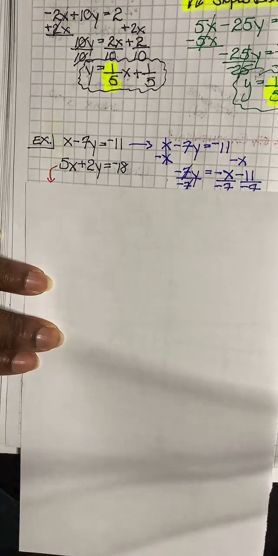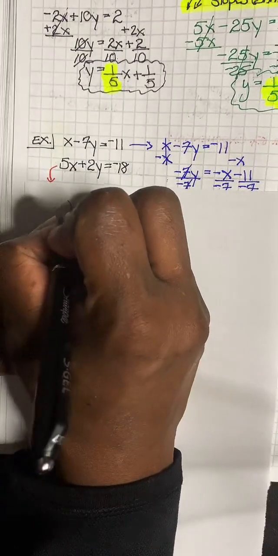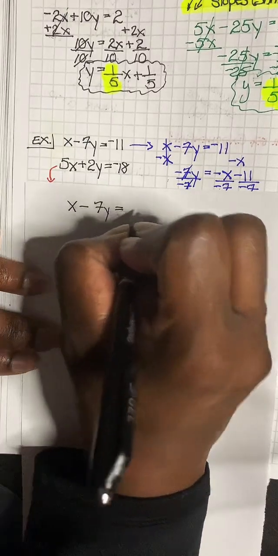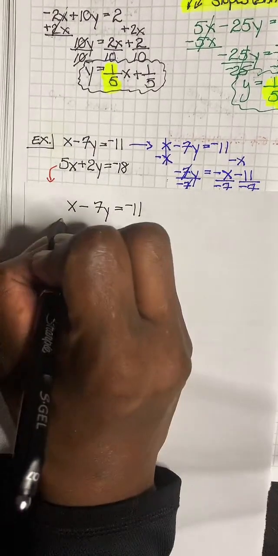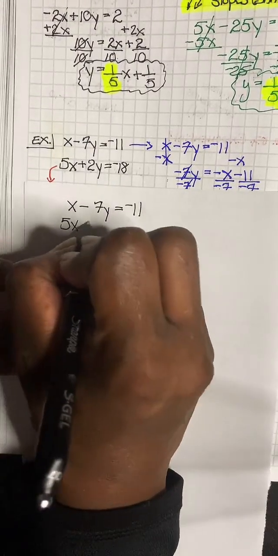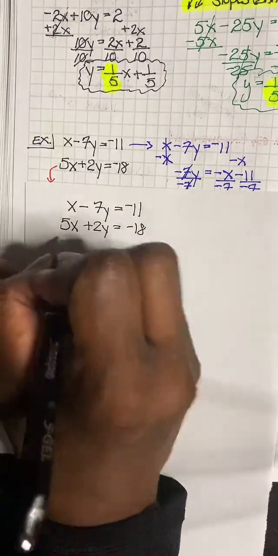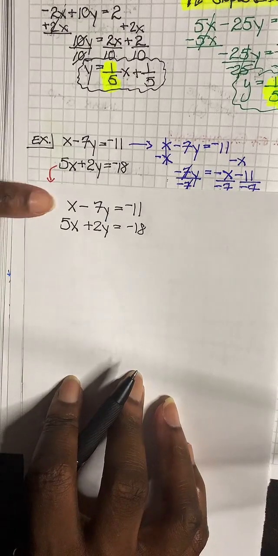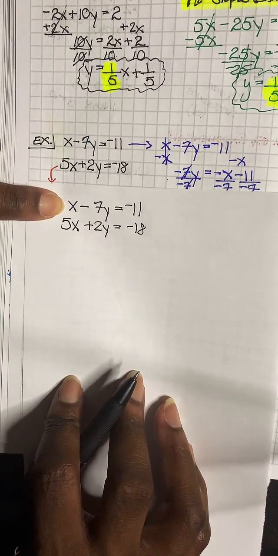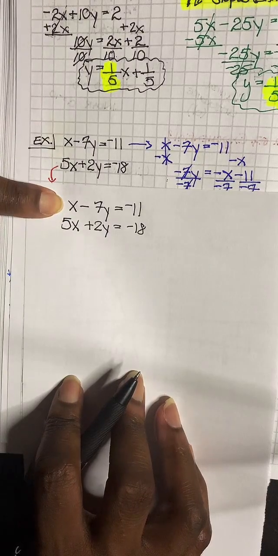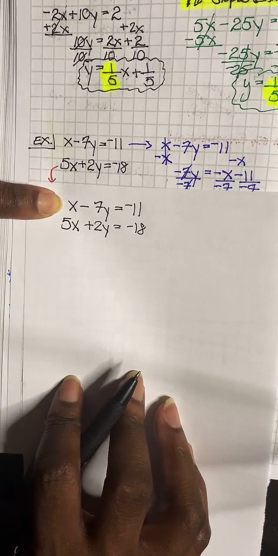So for our elimination, we have our x minus 7y is equal to negative 11. And we have our 5x plus 2y is equal to negative 18. So I notice that this has a 1. So I'm going to go for the one that has a 1 as a coefficient.